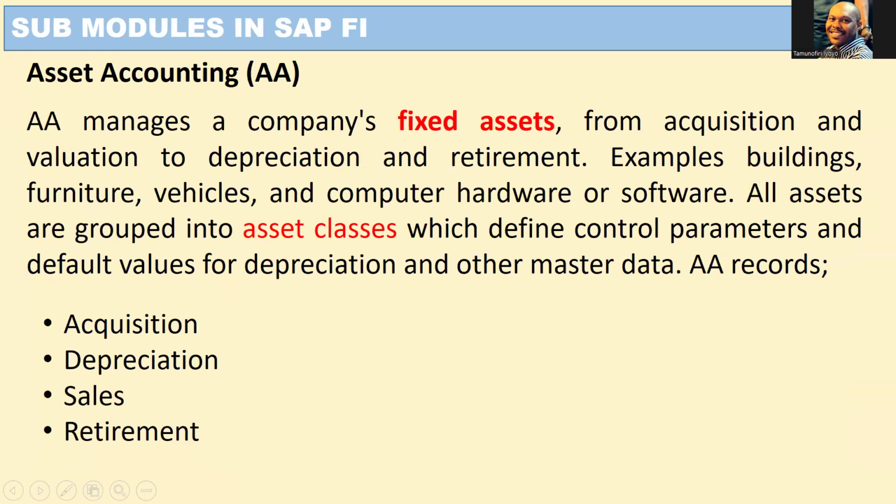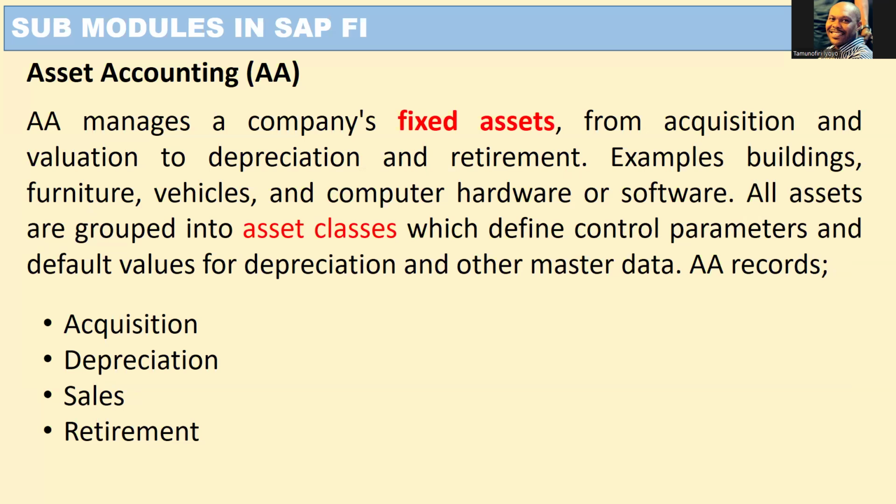Asset accounting manages a company's fixed assets, from acquisition and valuation to depreciation and retirement. Examples of assets in a company are buildings, furniture, vehicles, computer hardware or software. These are the kind of fixed assets we have in a company. All assets are grouped into what we call asset classes.